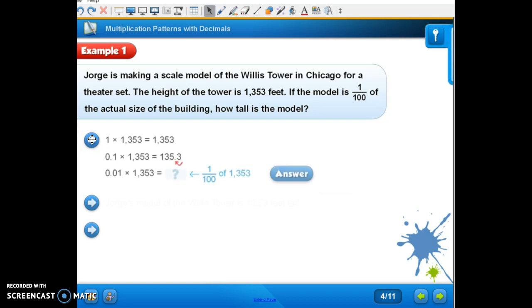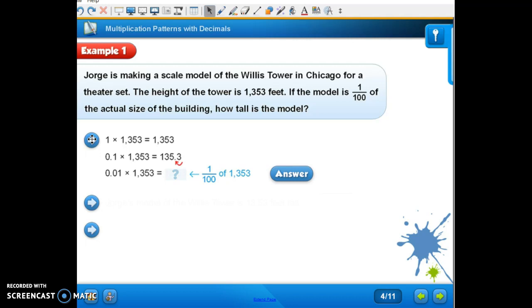Okay. So, before we were multiplying by powers of 10 and our number was getting what? Larger. Now if we're multiplying by decimals, which are a percent or a fraction of, right? So is our model going to be larger than the actual one or smaller if we're taking a fractional part or a percent of it? It's going to be smaller. So if it's going to be smaller, think about this.